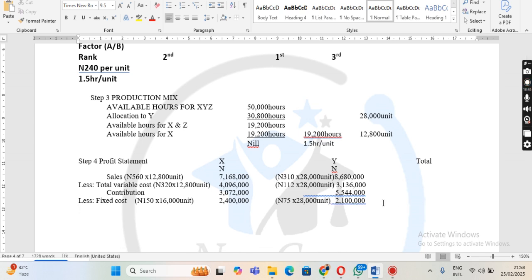So what is the profit? What is the profit? So for X, we have 672,000 naira.